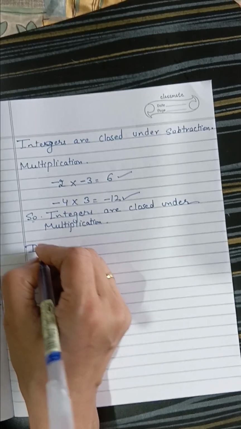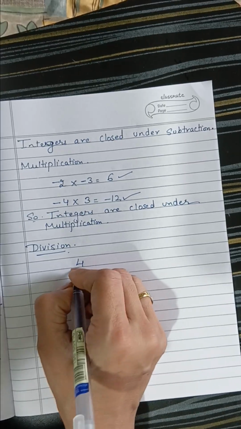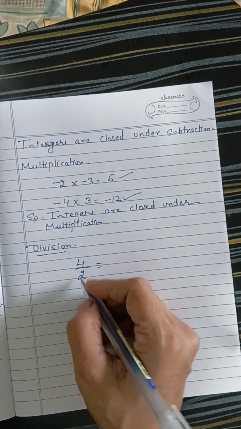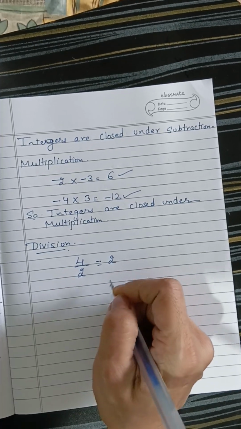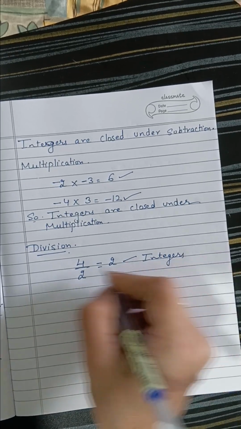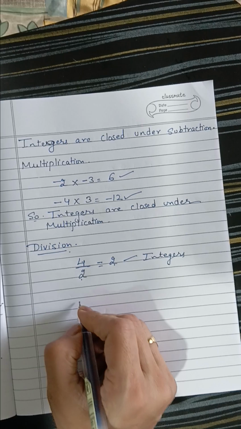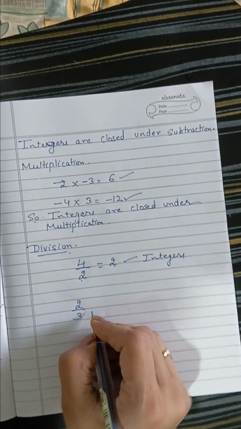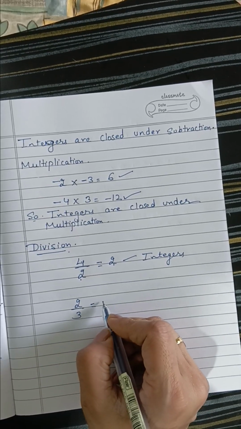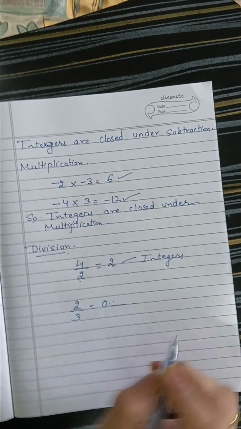What for division? For example, if you are dividing 4 upon 2, you are dividing 4 with 2, you are getting 2, right? Here we are getting an integer. We are dividing one integer with another, we are getting this one. But here, what will be the answer? It will be in point something.